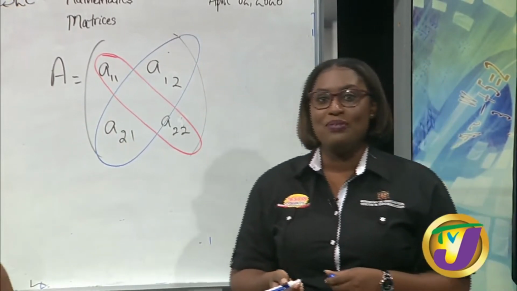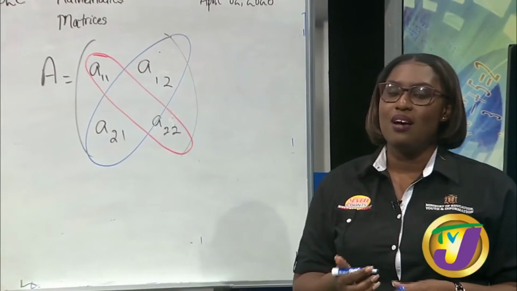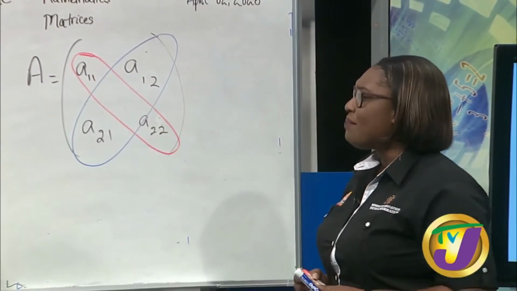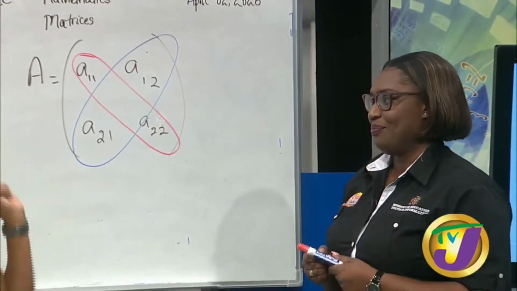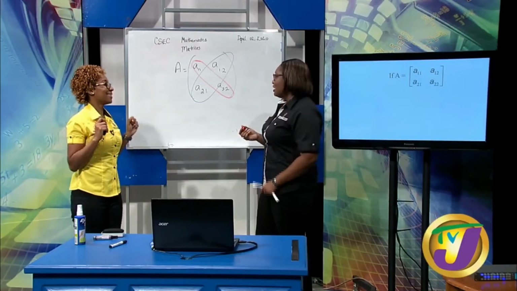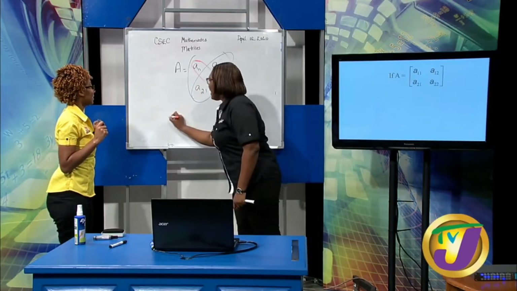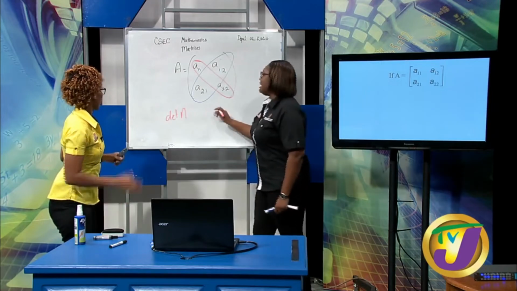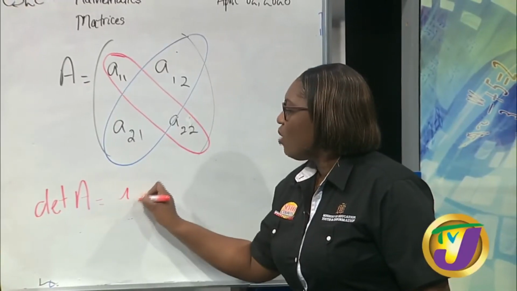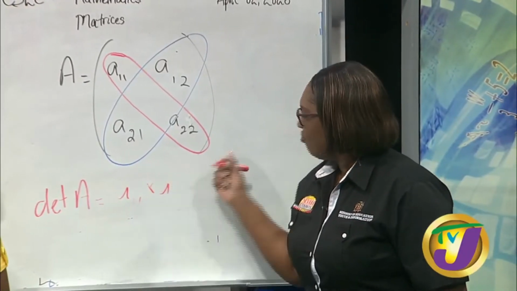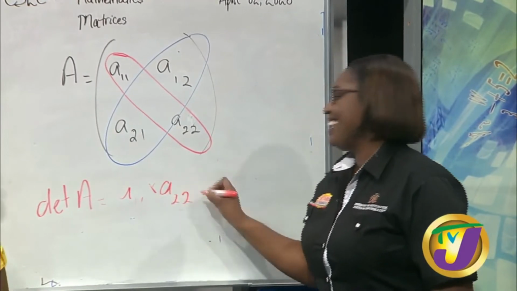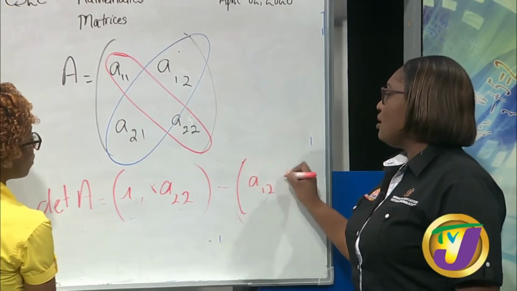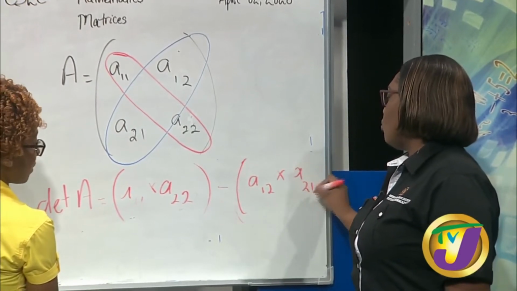Now, as was stated before, you find the determinant of the matrix by finding the difference of these two products. Now, what do we mean by product again, Camille? Multiply. Good. So it means that to find the determinant of A, I need to find the product of A11 multiplied by A22, and then I will subtract the product of A12 multiplied by A21.